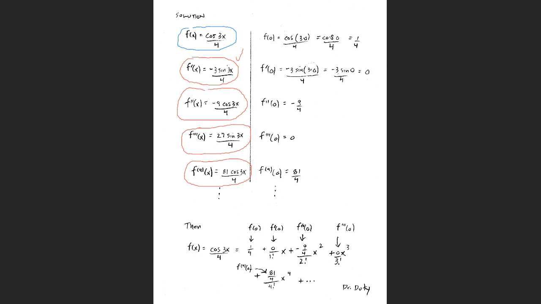I can keep going, but hopefully these 5 terms, f of x and the first 4 derivatives, should be enough for me to detect a pattern. And I'm going to evaluate all of those at a equals 0, which I do here on the right side. Let me give you a moment to copy down up to here, and then we'll continue talking. Please let me know if you have any questions, okay?